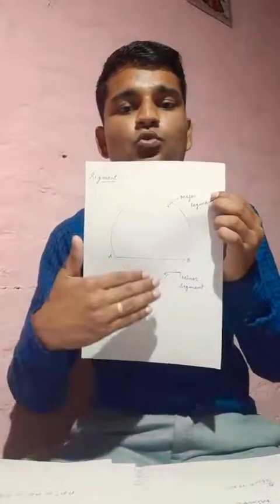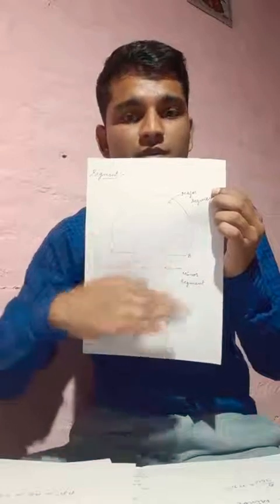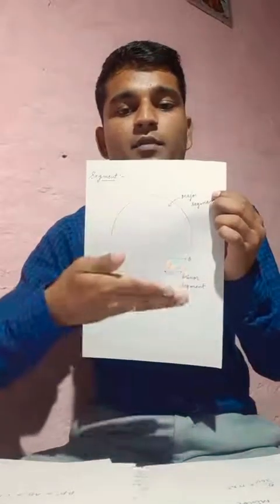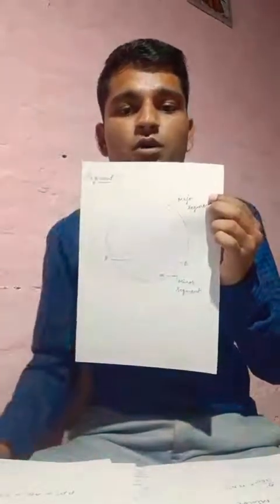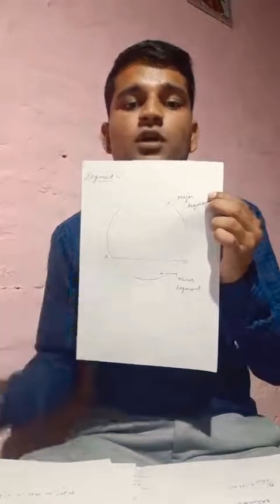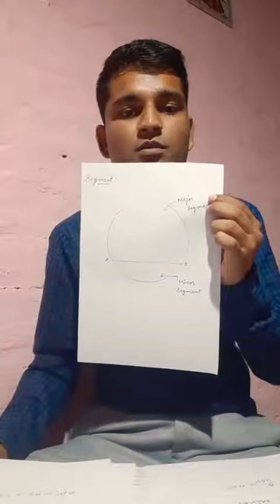There are two areas, one below the chord and one above the chord. These two are called segments.